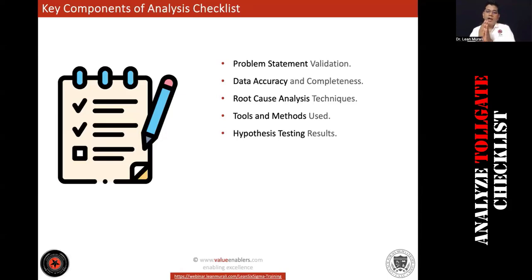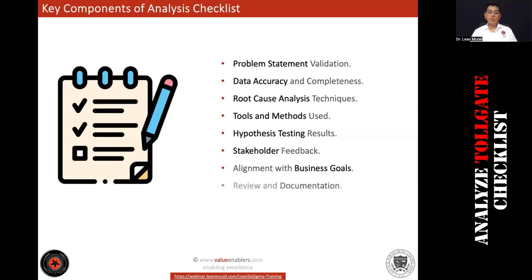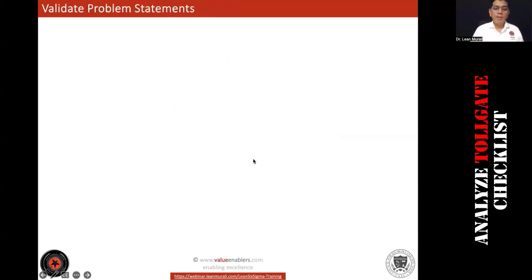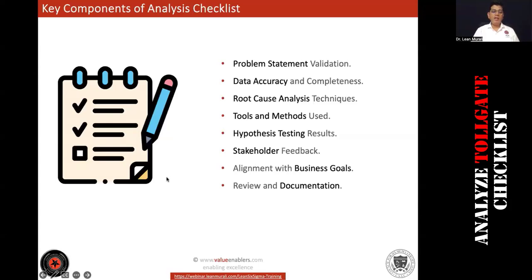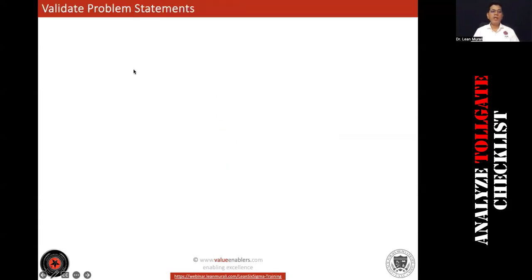And what is the result of hypothesis testing and stakeholder feedback, and whether it is aligned with the business goal or not? And finally, review and documentation. So these are the key checklist items. Okay, on a scale of 1 to 10, if you're very clear about this, please give me a 9 or 10.